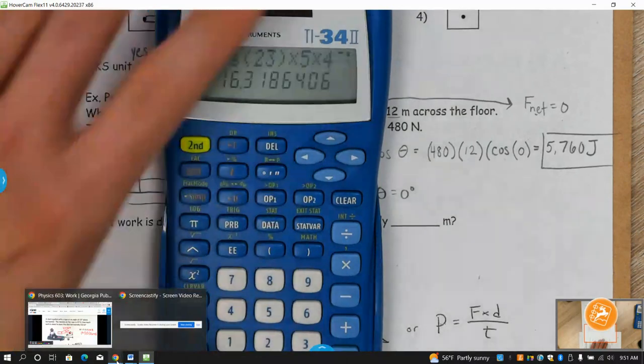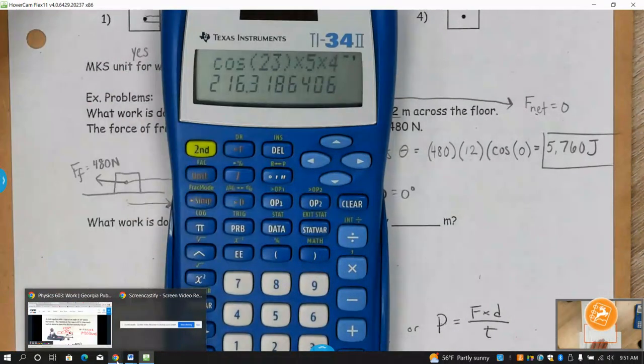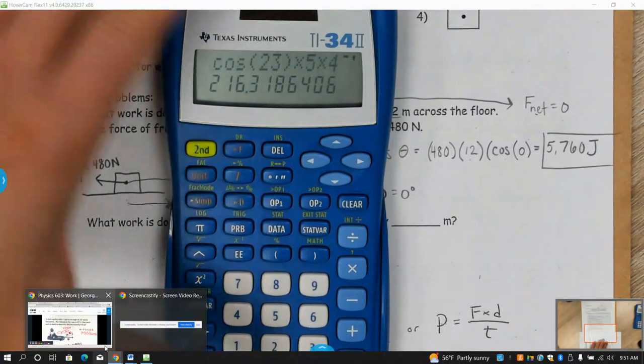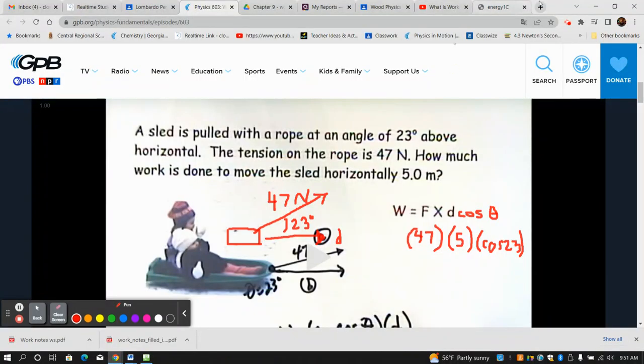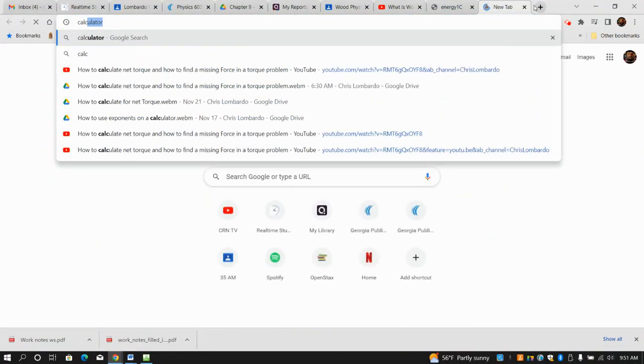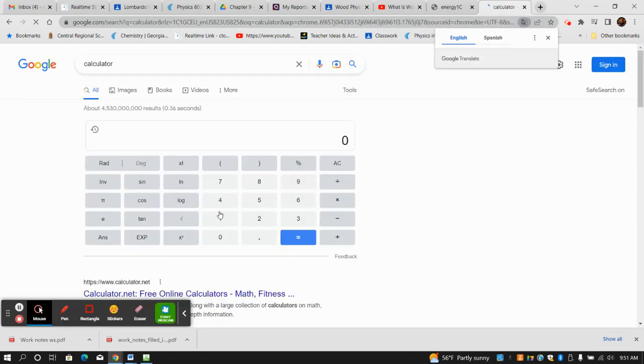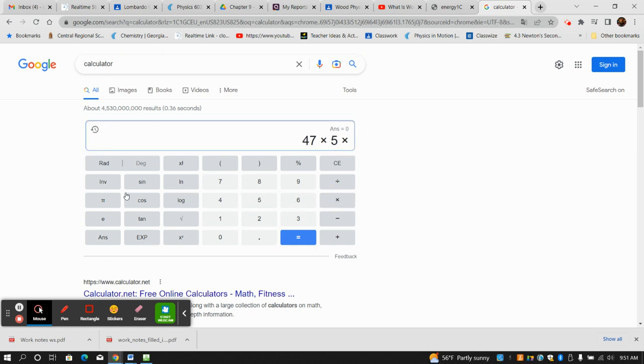So that is how you can figure out the trig functions on here. If you had a problem at home, you could just use this calculator. So we had 47 times 5 times cosine of my angle, which was 23, close my parentheses. What? Hold the phone.